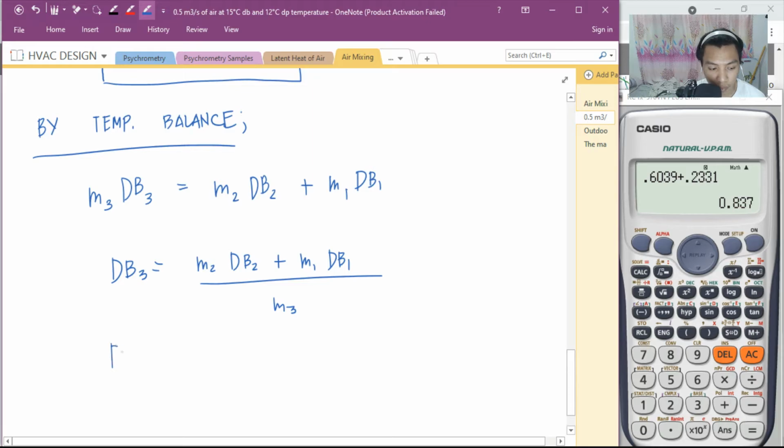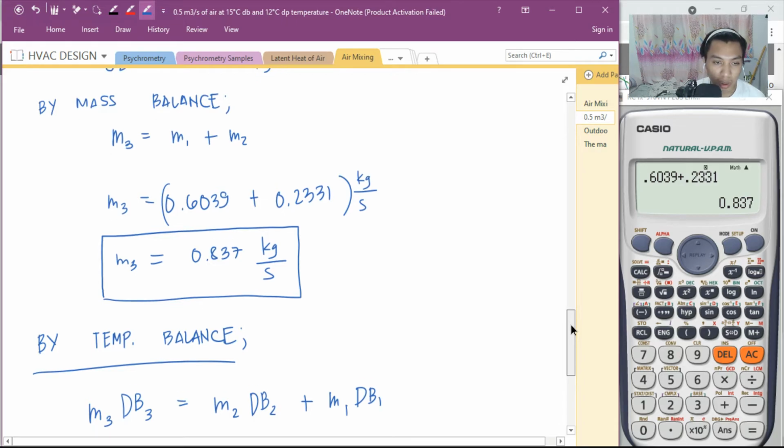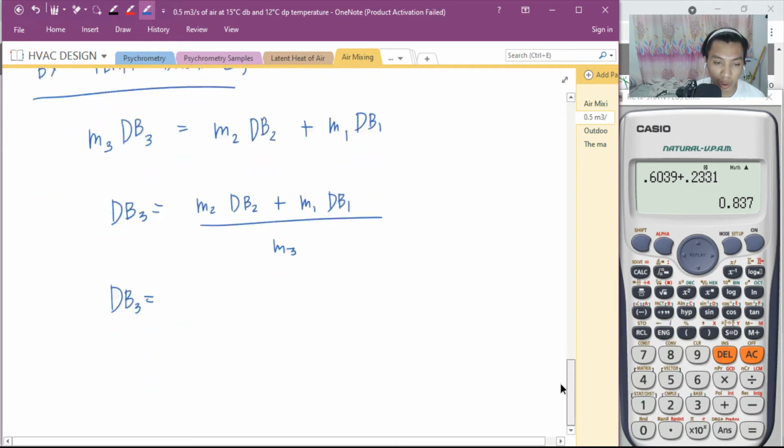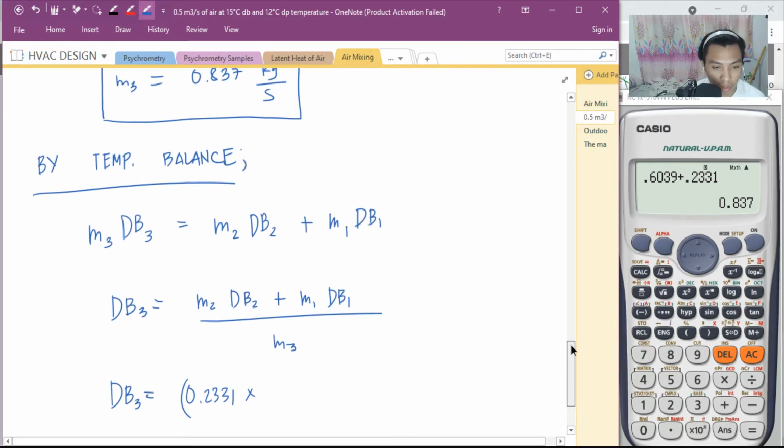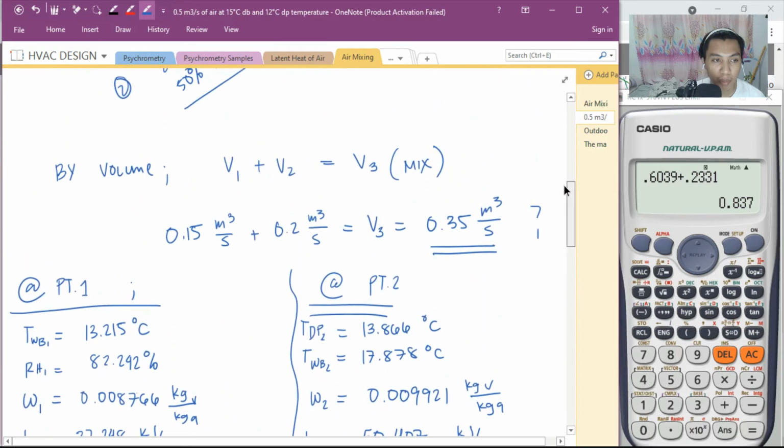So, the answer will be M2. Ano yung M2? M2 is 0.2331 multiplied to dry bulb 2. What is dry bulb 2? Nakuha natin yun.